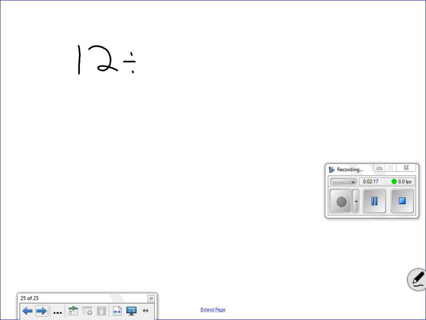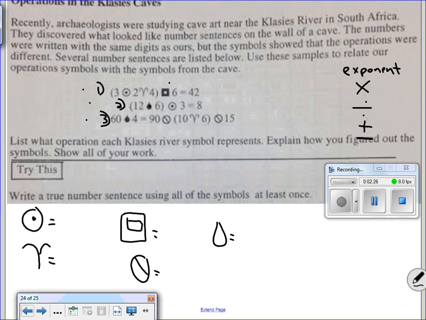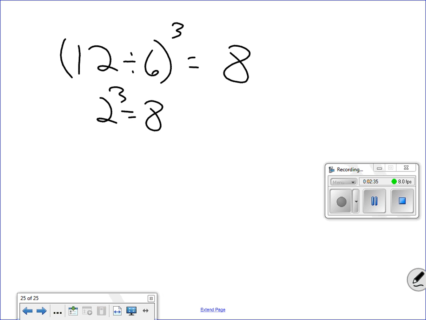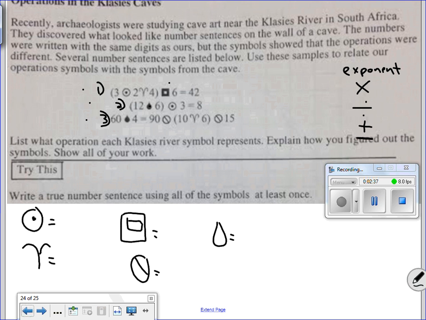12 divided by 6 with an exponent of 3, so to the 3rd power, equals 8. Let's see if that works. 2 to the 3rd power equals 8. That works. So that tells me that this raindrop right here equals division, which means my division is done.